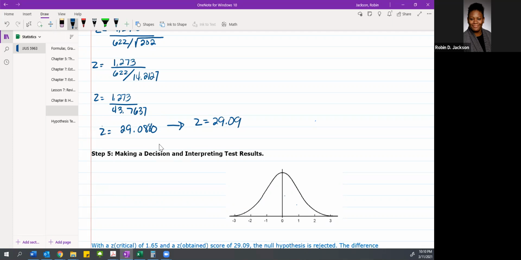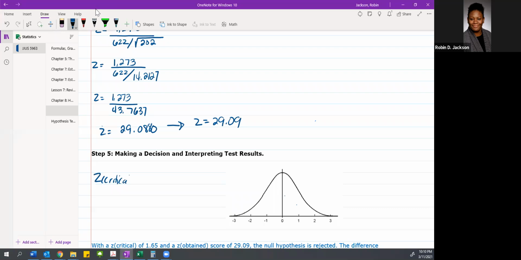Then for step number 5, again, remember, you don't have to provide a normal curve table. If you want to, you can, but you don't have to. What you do need is this information right here. You need to tell me your Z critical.